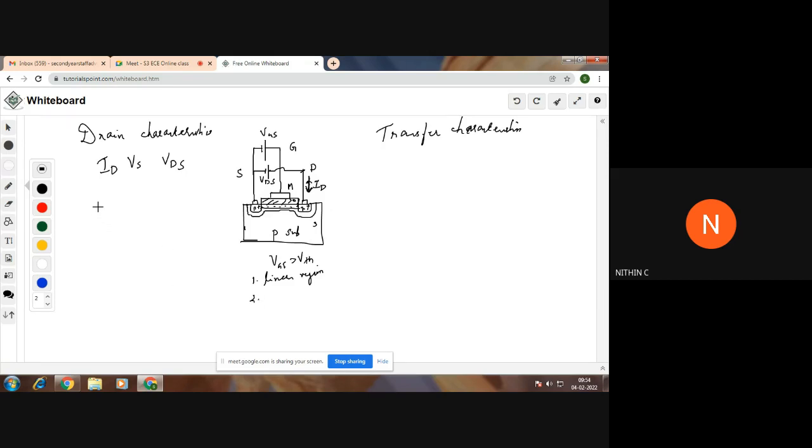Fine. So I am going to draw the graph between ID and VDS. Okay. At a constant gate source voltage value.